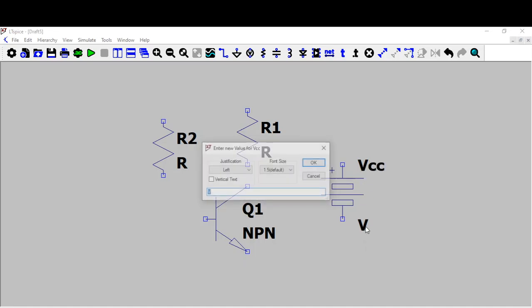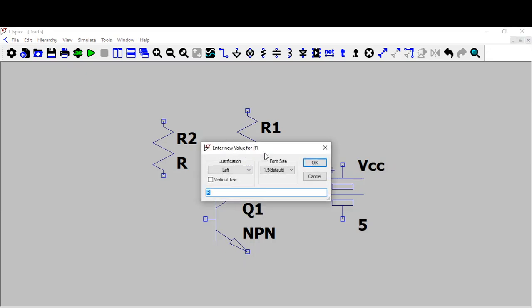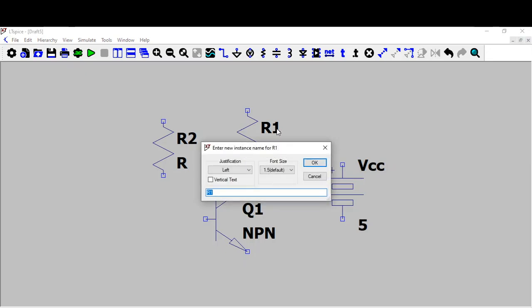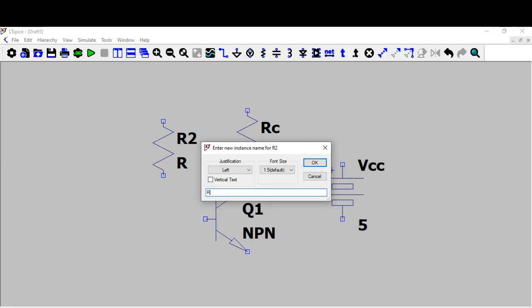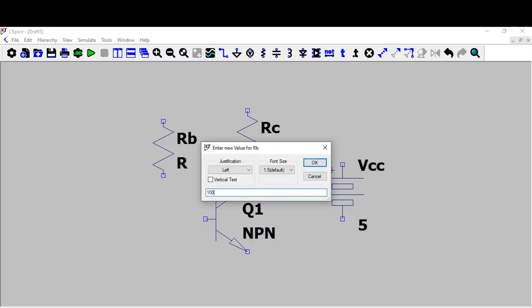Let me make it 5 volts, and this resistor is first 100 ohm. Let me name it as RC, and let me name this as RB, and its resistance is 100 kilo ohm.